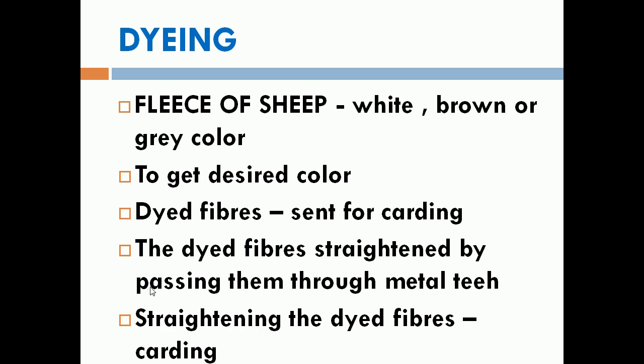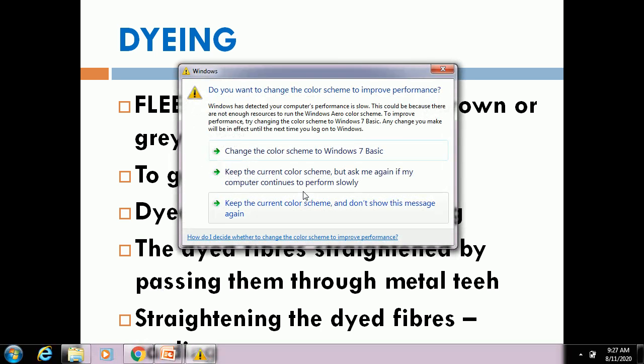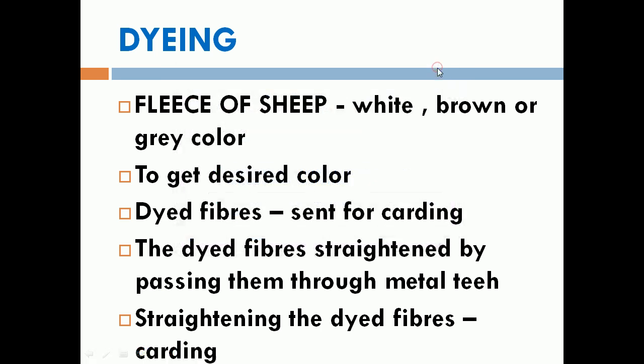What is meant by carding? The process of straightening the dyed fibers is termed carding. After dyeing the fleece of sheep, it is straightened by passing it through metal teeth. How will it be straightened? By passing through the metal teeth.